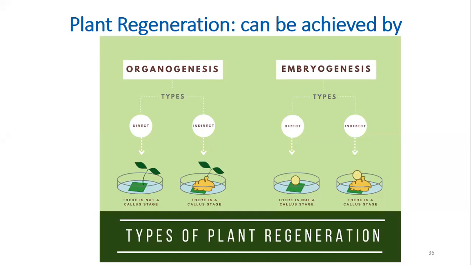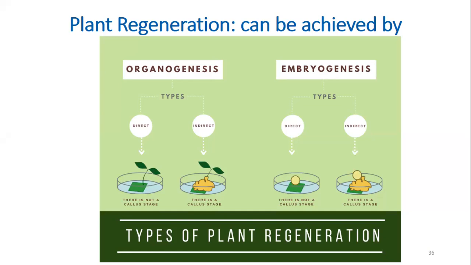So what do we mean by direct and indirect? For direct organogenesis, when you take an organ of the plant, it will be able to grow into a whole new plant without going through the stage called callus formation. But once it goes through callus formation, then it becomes indirect organogenesis.